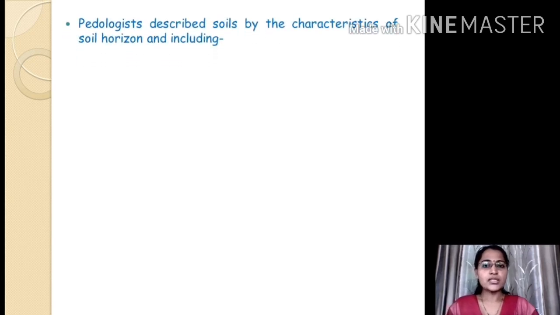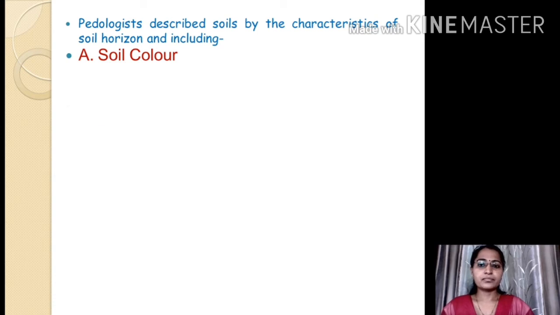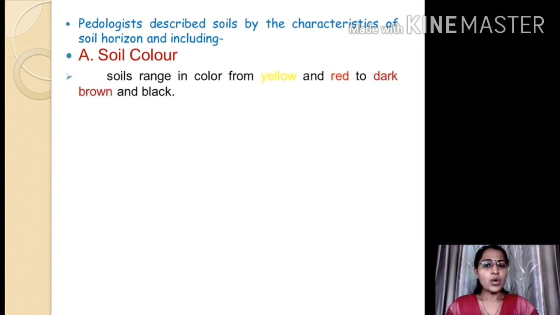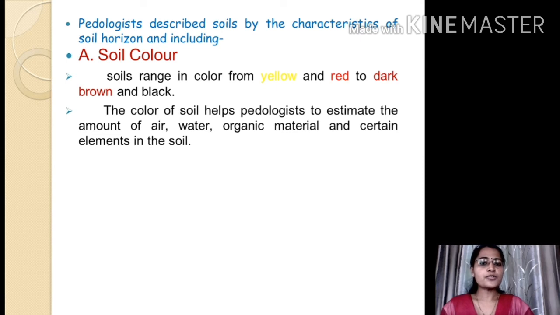Pedologists describe soils by the characteristics of soil horizons, including color. The soil ranges in color from yellow and red to dark brown and black. This color of soil helps pedologists to estimate the amount of air, water, organic material and certain elements in the soil.